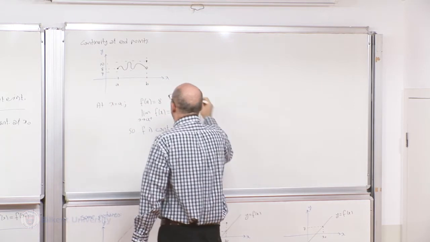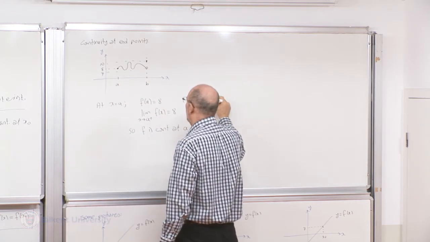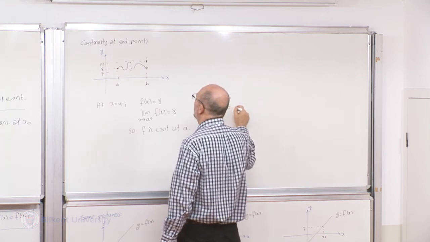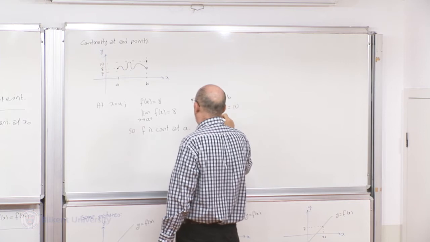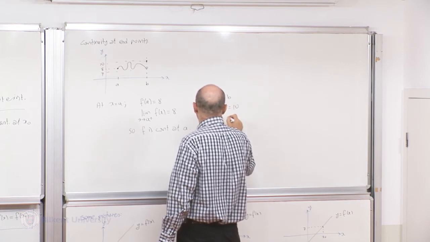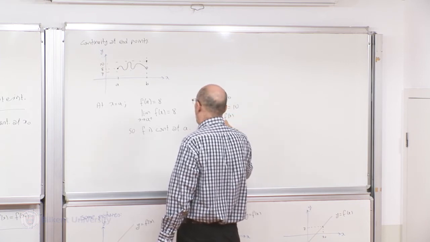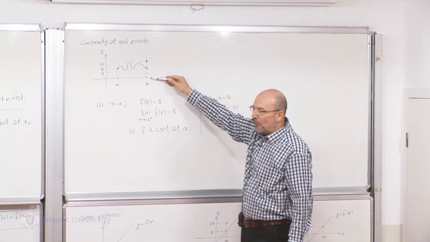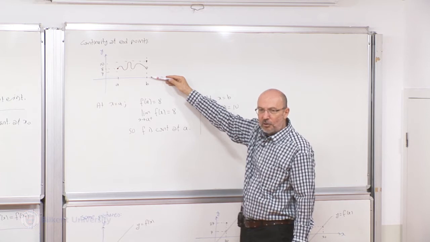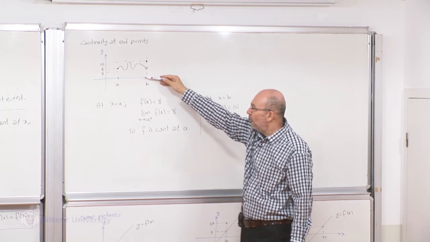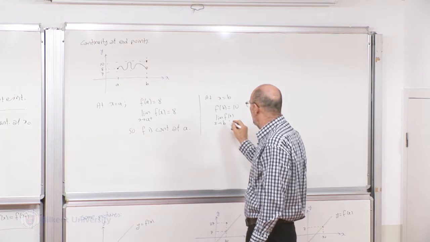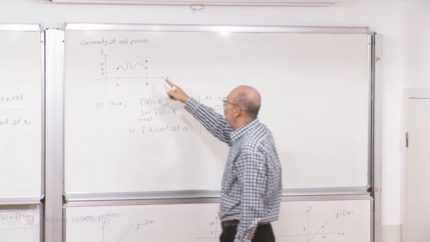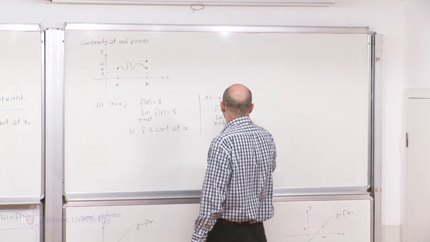So f is continuous at a. On the other hand, at x equals b, f of b is defined. How did we define it? 10. And now we look at the limit of f of x as x goes to b. But again, the limit on this side does not make sense because there's no f there. We are only looking at the limit here, so this approaches b from below, and that turns out to be 8 in this case.